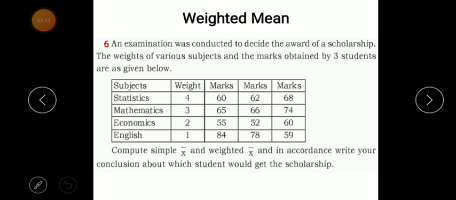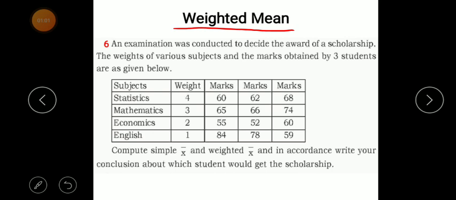Now, what do you mean by weighted mean? First, you need to understand. Sometimes you may have certain items in the data set which are comparatively more important in decision making compared to some other values.